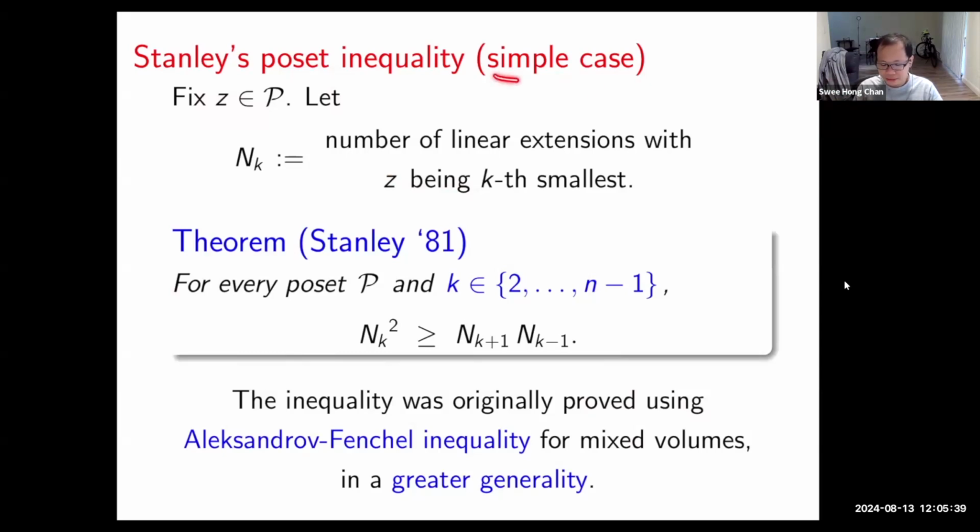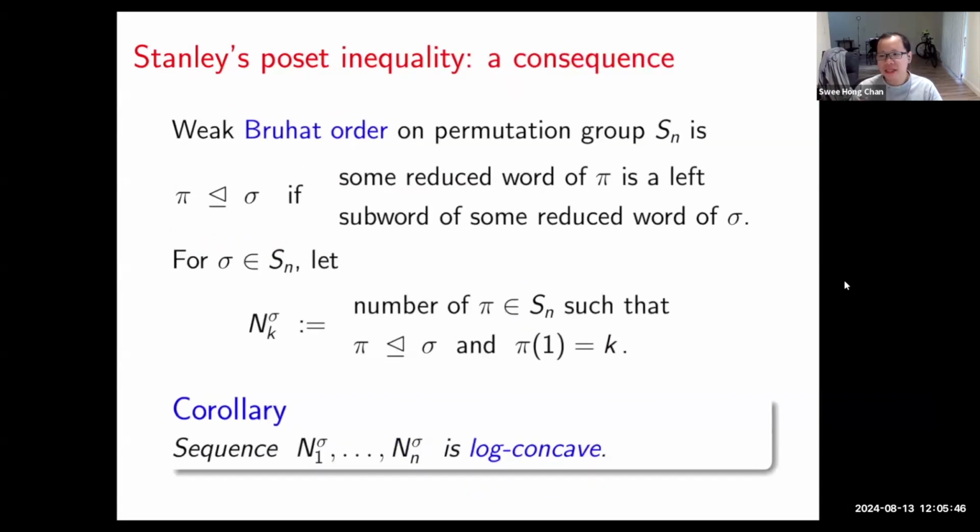So let me make this a preview of what happens in day 4. Here's an example of an application in algebraic combinatorics. Consider the weak Bruhat order on the permutation group. This says that pi is less than sigma if the inversion set of pi is contained in the inversion set of sigma. So, the standard one.